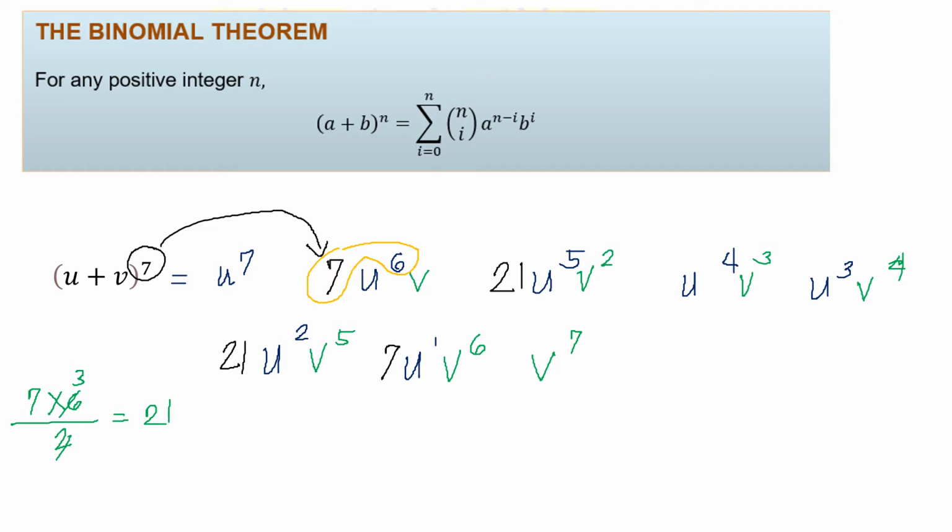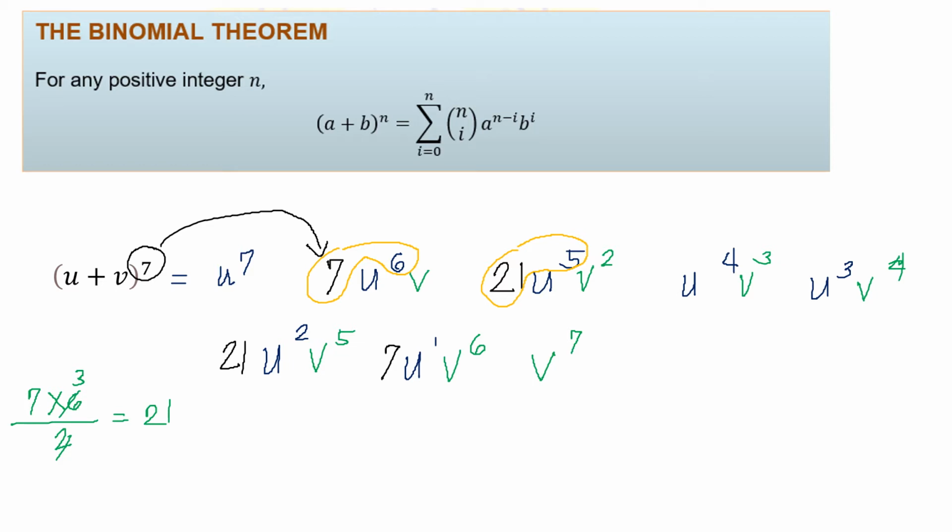Now to get the numerical coefficient of the fourth and the fifth, you just need to get the product of 21 and 5, and then divide it by 3 because you're now on the third term.